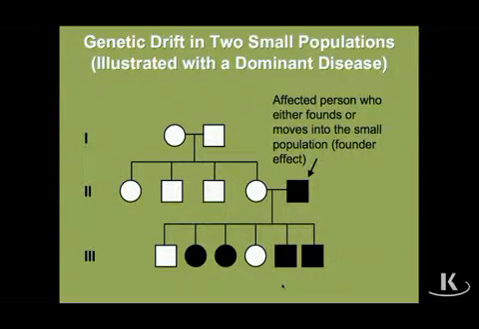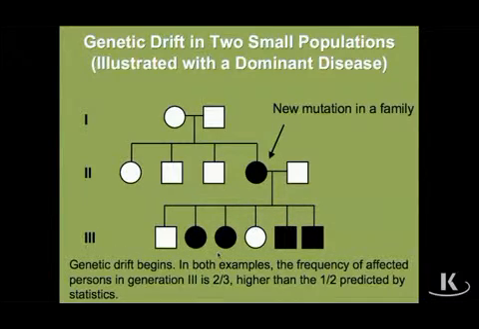But just simply due to random chance, in this example, 4 rather than only 3 were affected. It could just as easily have been 5 or 6 or 2 or 1. Due to random chance involving small numbers, your predictions may not be correct. That is genetic drift. And the same sort of thing could apply to cases involving new mutations.